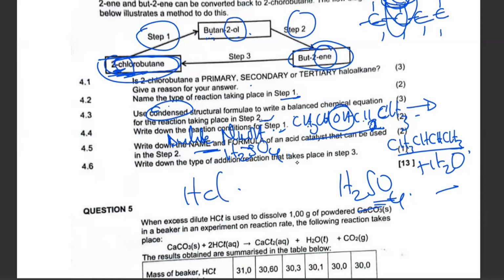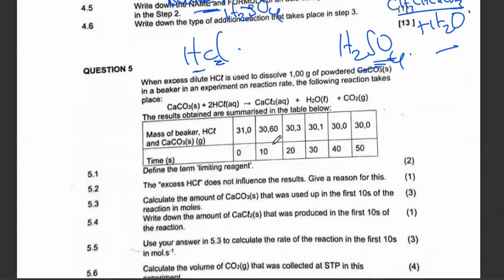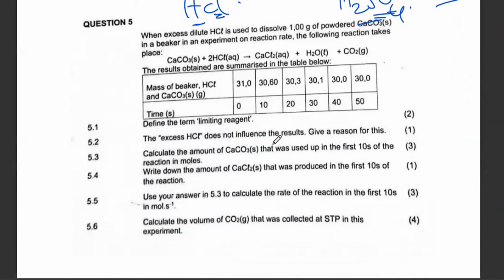So it becomes hydrochlorination, meaning that I add hydrogen and chloride, or hydrohalogenation if you don't want to be specific about which halogen you have added. So that makes us go to question number 5.